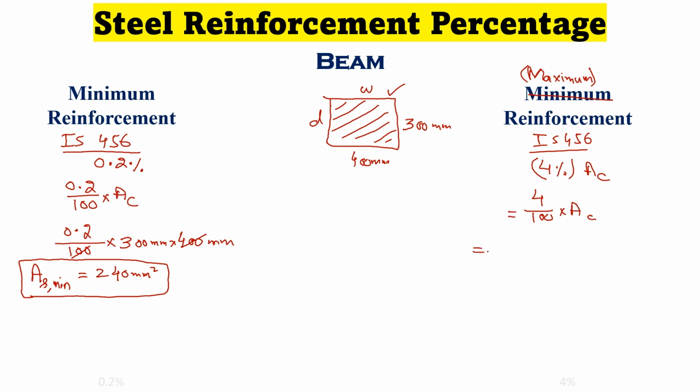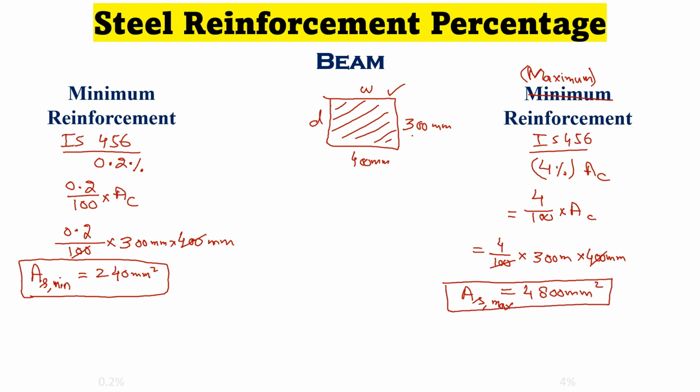Simply, 4 divided by 100 multiplied by 300 millimeters by 400 millimeters. If we cancel these two zeros with the two zeros in the numerator, then we will have 4800 millimeter square of the steel area, which is the maximum value.